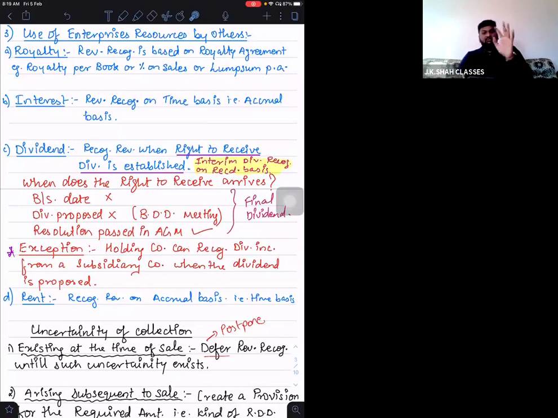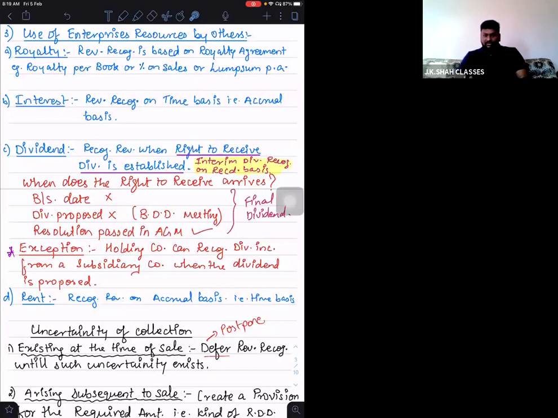But whatever the condition given, which one condition is always to be followed? Certainty of ultimate collection. If you are certain, then only record the revenue. If you are not certain, please don't record the revenue, postpone it. Right now, I am providing a service to you. I will record the revenue only if I am certain about ultimate collection.